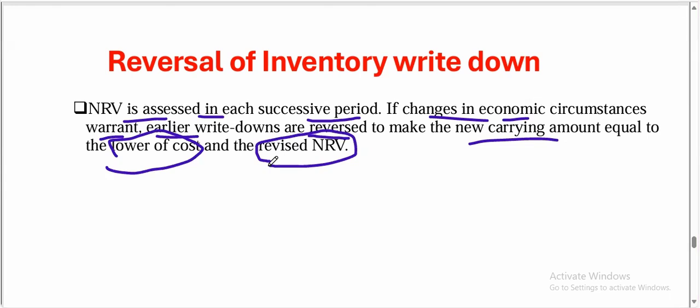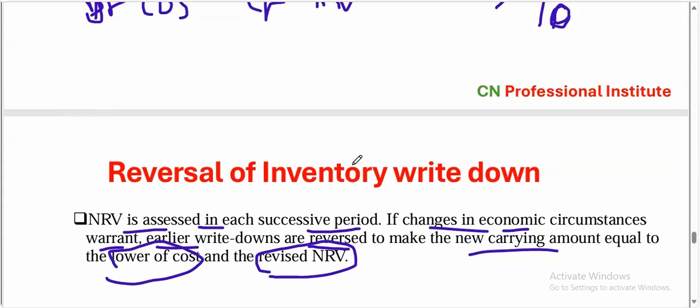They are saying that where there's reversal, where the factors behind the write down are gone, they have to reverse that. And you see the reversal is capped at the original cost, right? Reversals are recognized in P&L in the period in which the reversal occurs.